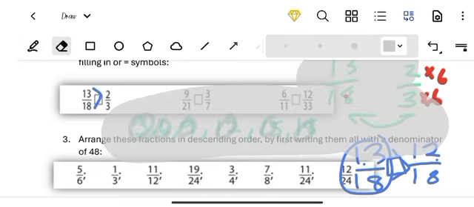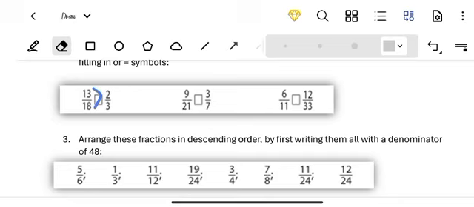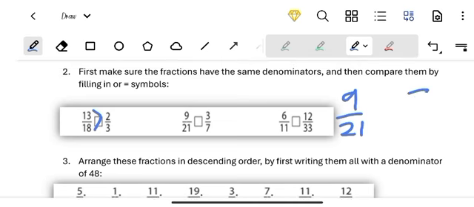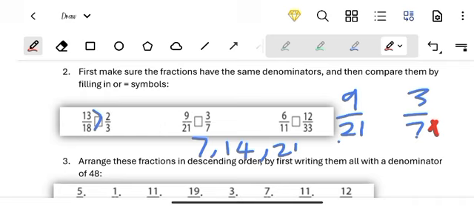Jumping to the next one, we have 9 over 21 and 3 over 7. Same thing. What happened to 7 for us to get 21? I think they multiplied by 3. We have 7, 14, 21, so they multiplied by 3.